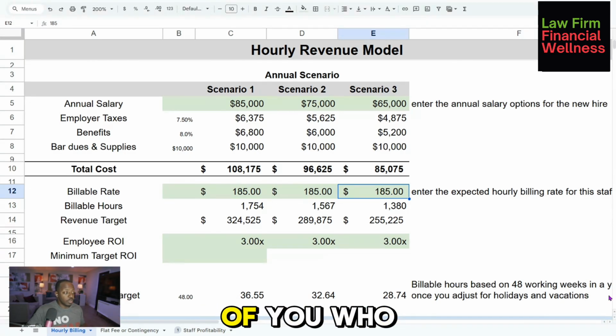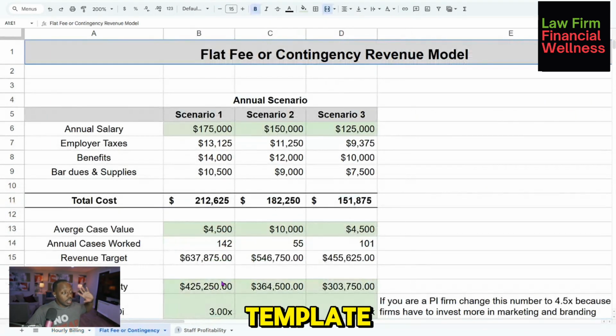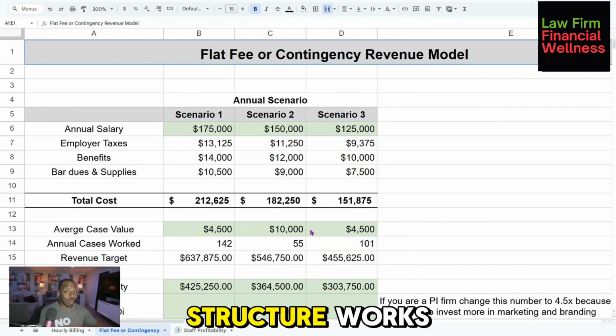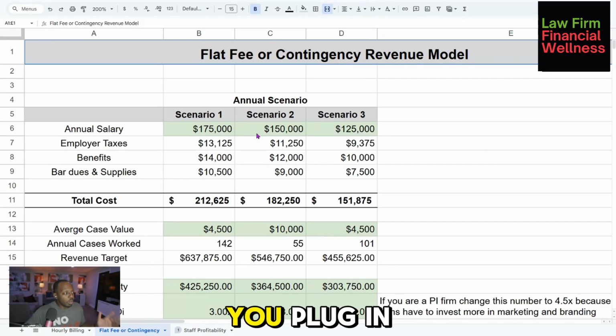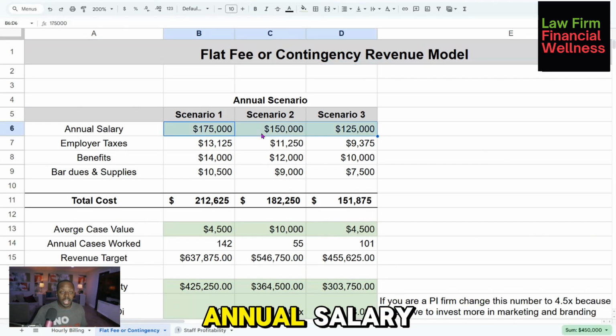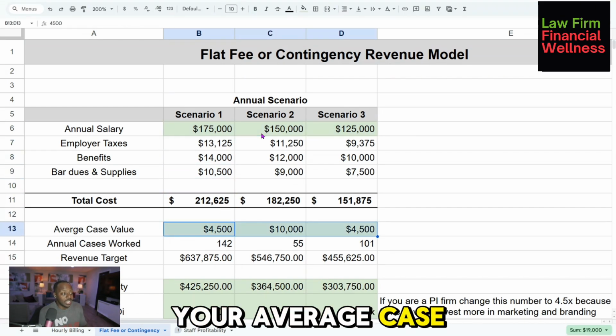Now, for those of you who may be thinking, well, I don't do hourly billing, in this template we've also included a flat fee structure. The way the flat fee structure works is very similar to the hourly billing. You plug in their annual salary, and then you plug in your average case value.